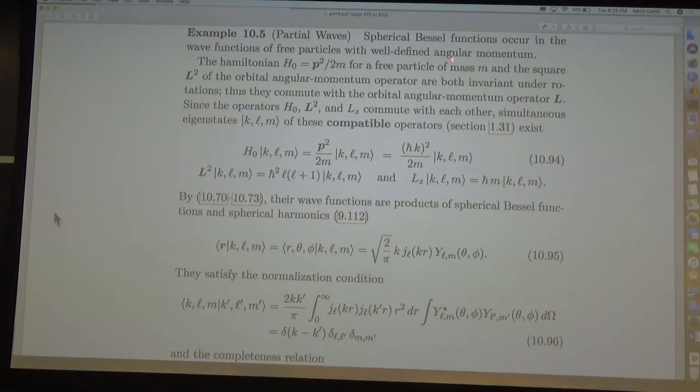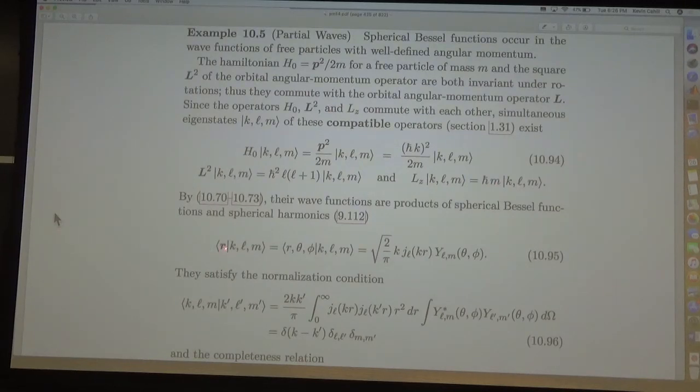So the Hamiltonian for a free particle, of course, is p squared over 2m, and the eigenstates, well, there are all kinds of eigenstates of the free Hamiltonian, but the ones that are not only eigenstates of the free Hamiltonian, but also eigenstates of angular momentum are called the kLM states. And H0 on it is p squared over 2m, or h bar squared k squared over 2m. L squared on them is h bar squared L(L plus 1), and Lz is h bar m times that.